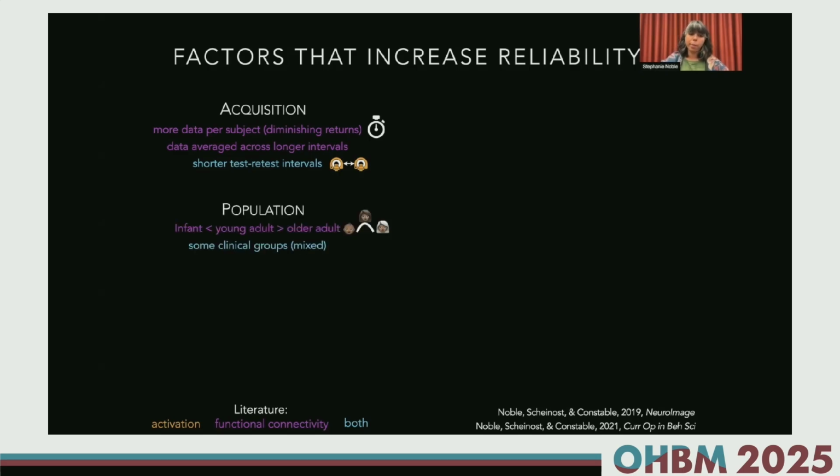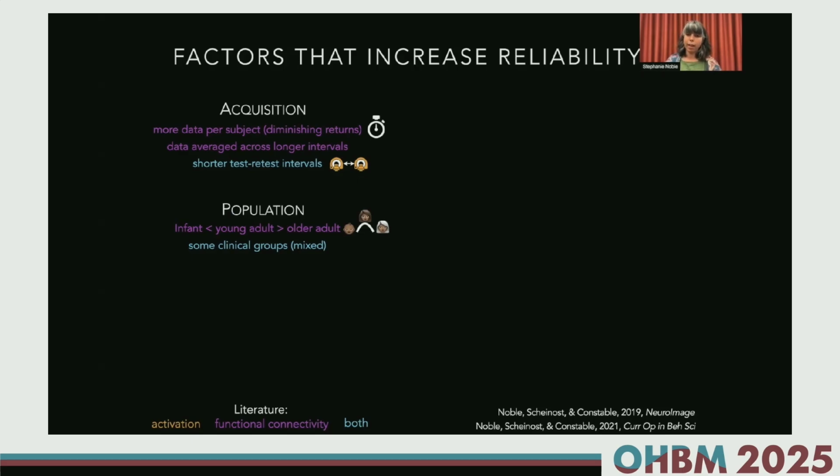There are also a number of different population effects. So I was lucky to be part of a study led by Alex Dufford that showed that infant connectivity tends to be less reliable than young adult connectivity. There's also different literature that shows that older adult connectivity tends to be less reliable than young adult connectivity. So if you take that literature together, we see this inverted U-shape where young adults tend to be measured with better reliability than infants or older adults.